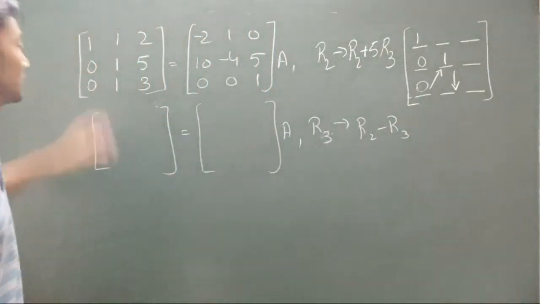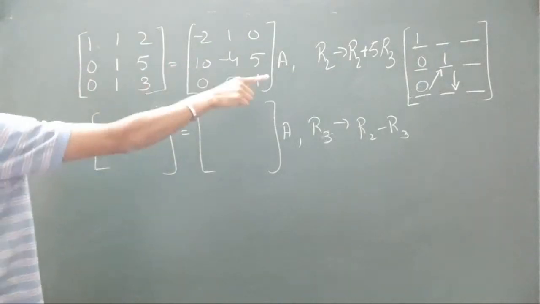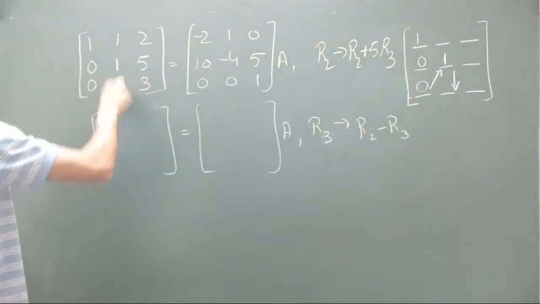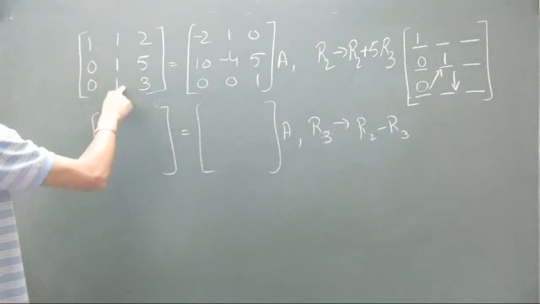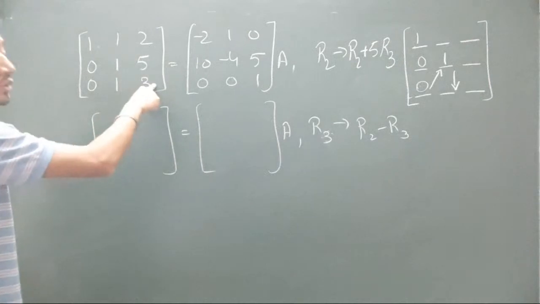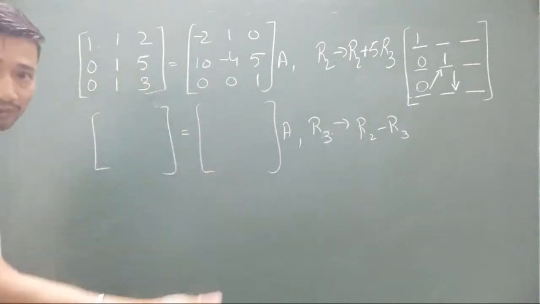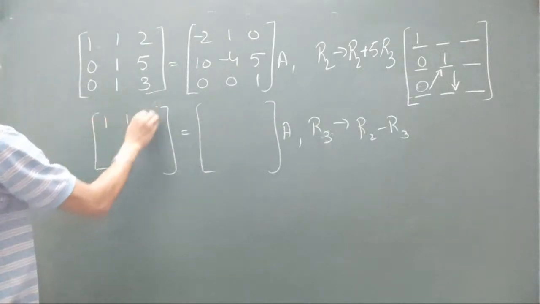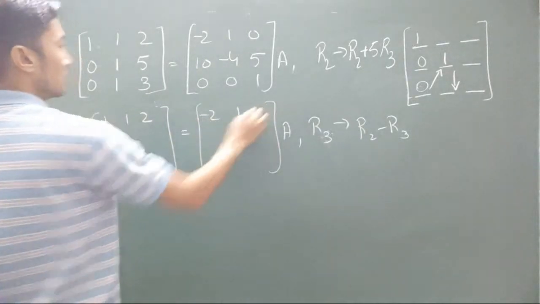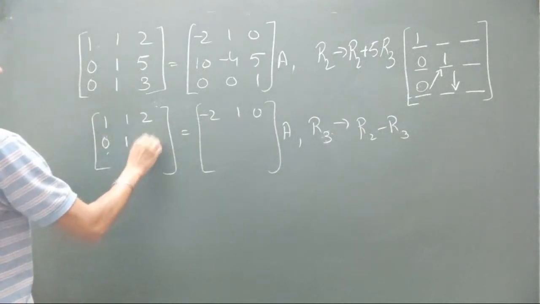I can do R2 minus R3, or I can do R3 minus R2, but I'll subtract 5 minus 3, 2. If I do it the other way, it's 3 minus 5, that's minus 2, so I'm trying to avoid that. So the first row will not be changed. Second row also will not be changed.